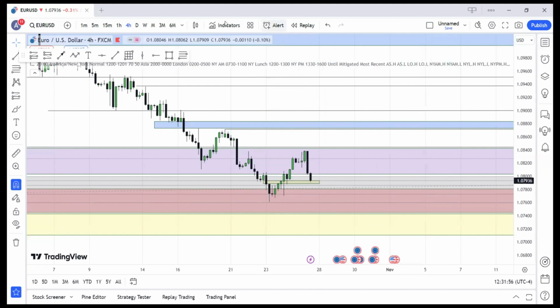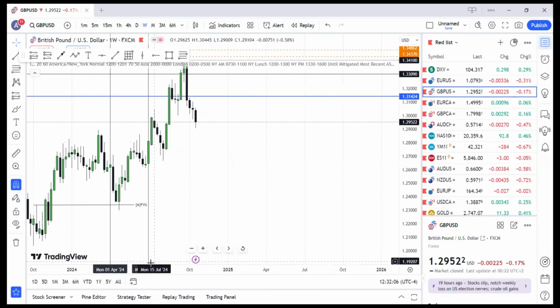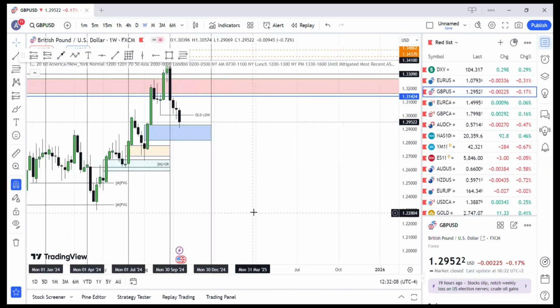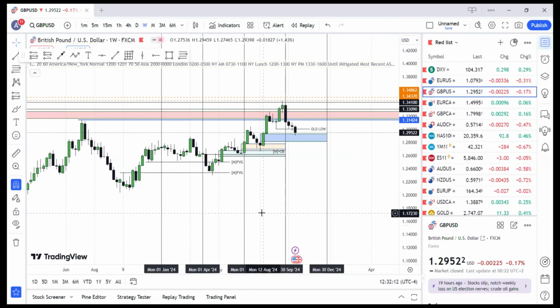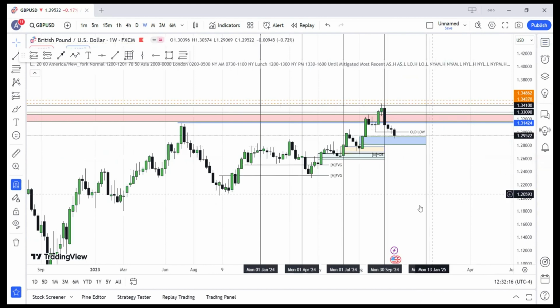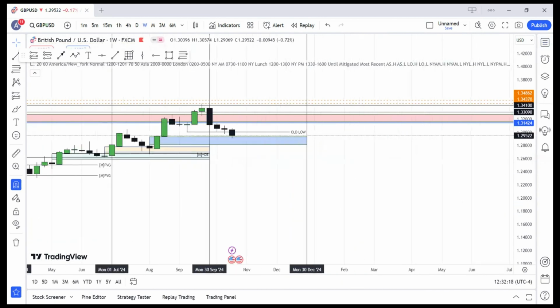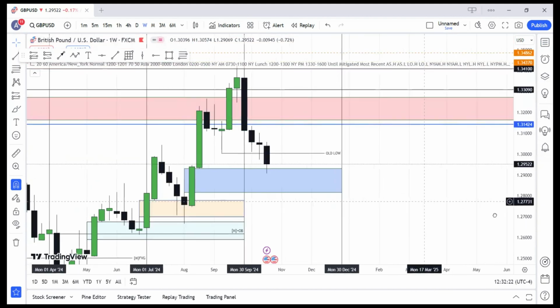And then let's just quickly go to the GBP USD. So we are on GBP USD, right? And as you can see on our weekly time frame, let me just bring this closer. Let's see the whole chart.